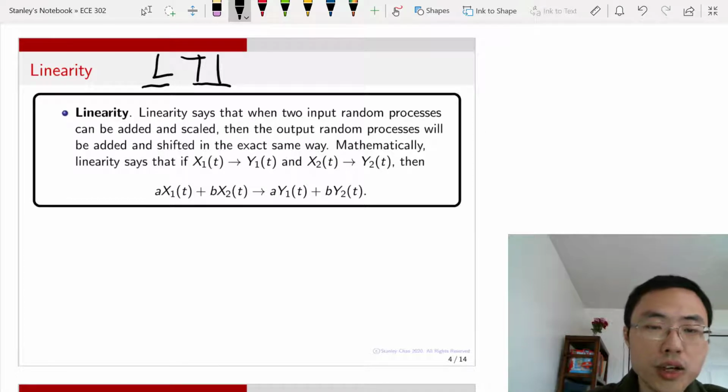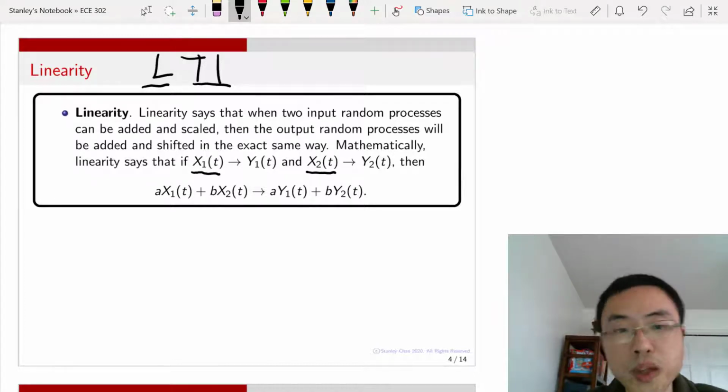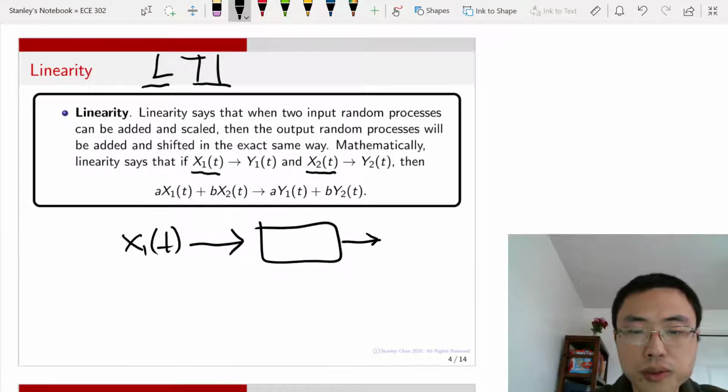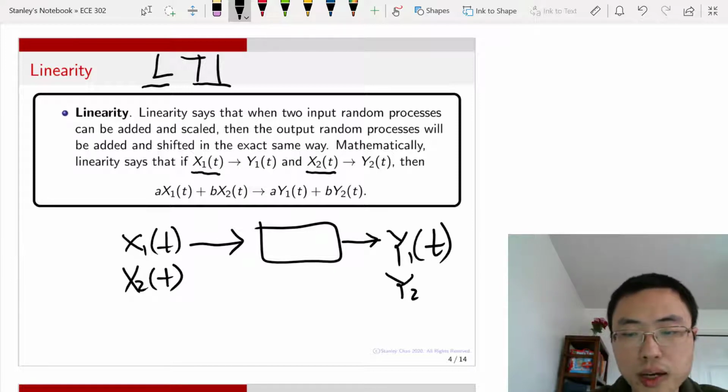So for the linear time invariant system, let's look at the first part. It is the linearity. Let's say you have two input functions, x1 of t and x2 of t, and they're both random processes. You send x1 of t through a black box, you get y1 of t, and then you send x2 of t through the same black box, you get y2 of t.